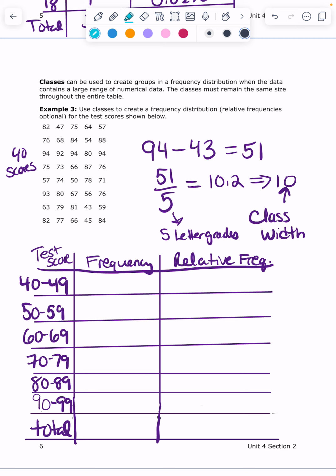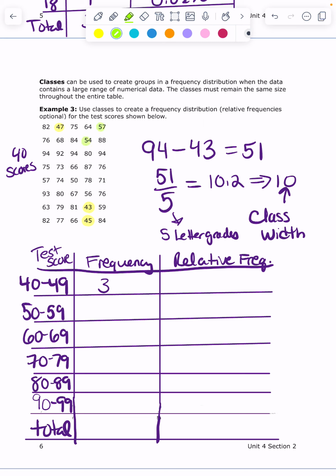Grab your highlighter and we want to highlight all of the 40s. We've got one here, and I just go down row by row. One here and one here. So I counted 3 in the 40 range. And then we do the same for 50s, for 60s, etc. So 50s.